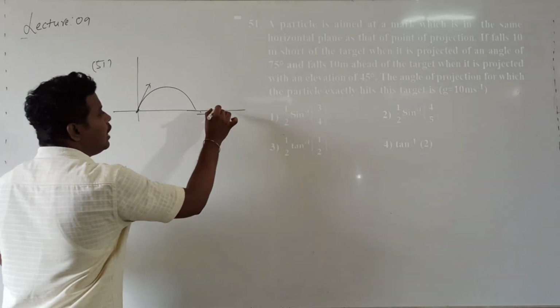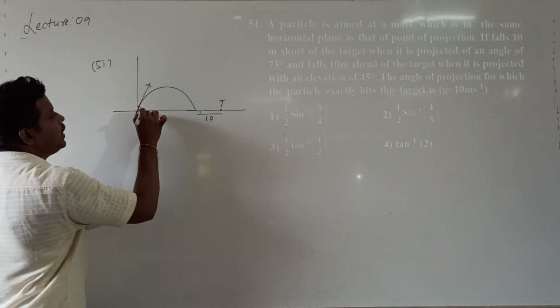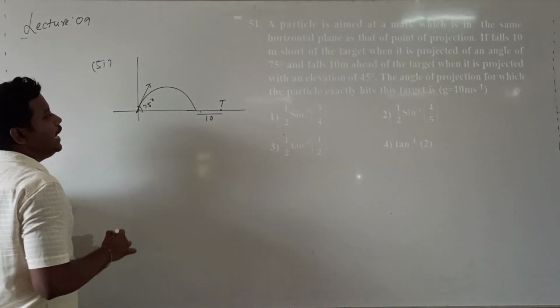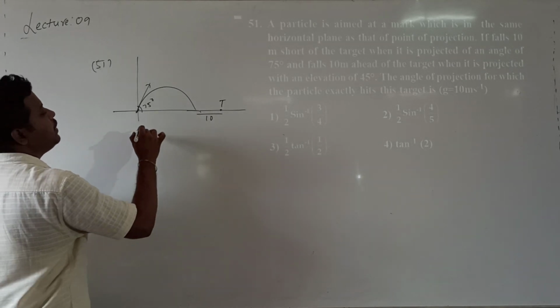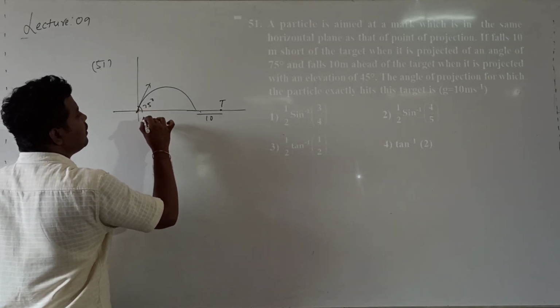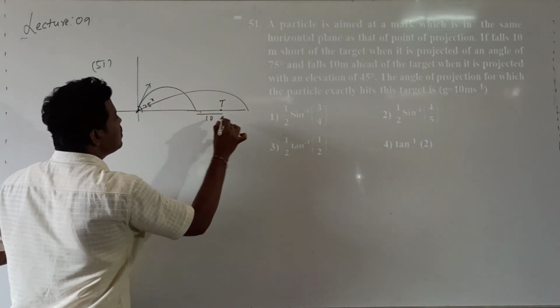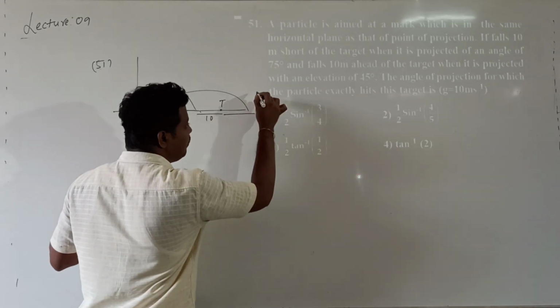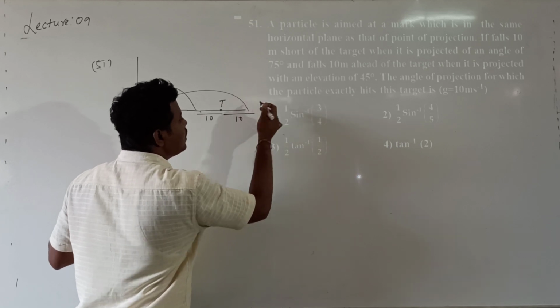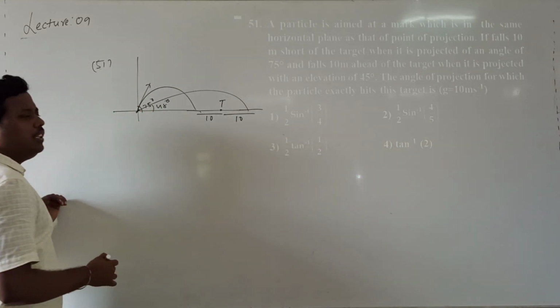So here is our target. When it is projected with an angle of 75 degrees, it falls 10 meters before the target. Similarly, one more angle is given, that is 45 degrees. So this is for the angle of projection 45 degrees. Where does the particle reach relative to the target? 10 meters beyond. Question understood now?